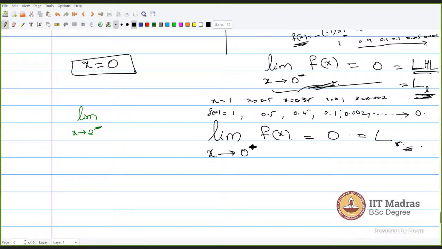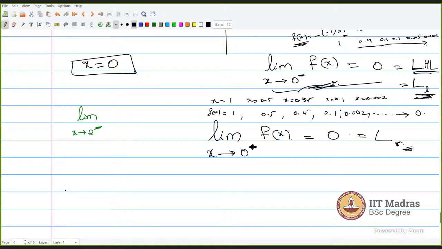We don't worry about the value at that point, that comes when continuity comes. As of now, worry about where my function value tends when I approach from the left hand side, and where it tends when I approach from the right hand side.